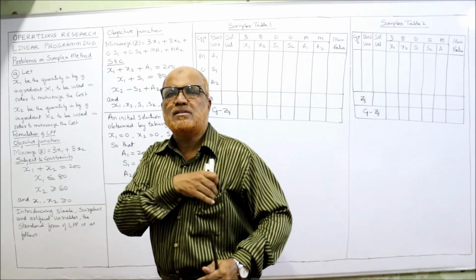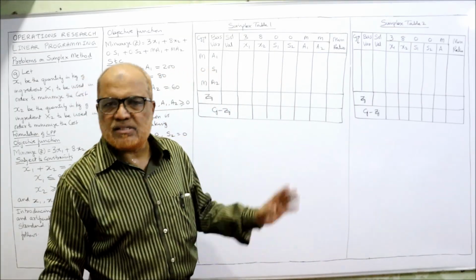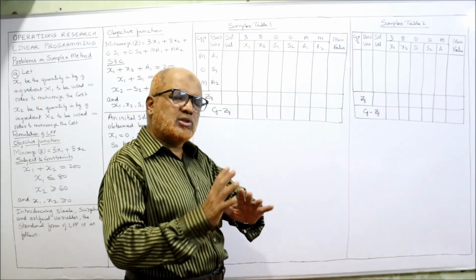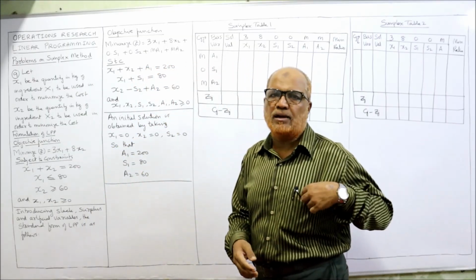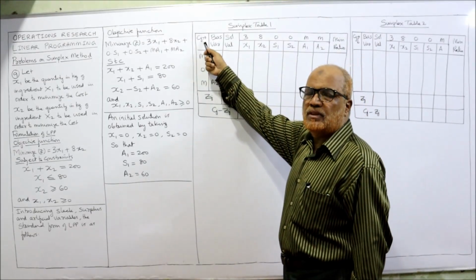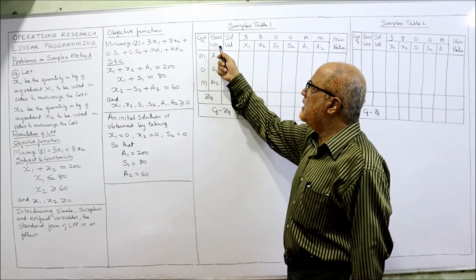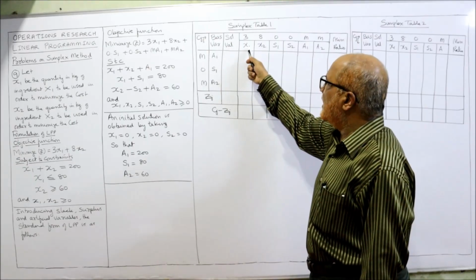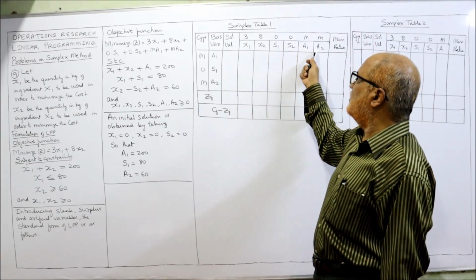Now we are making the first table. The first simplex table is very easy to make because there is no need of any formula or calculation. Simply we take the coefficients: the Cj value, the coefficient of the objective function, basic variable, solution value. Now x1, x2, s1, s2, a1, a2.